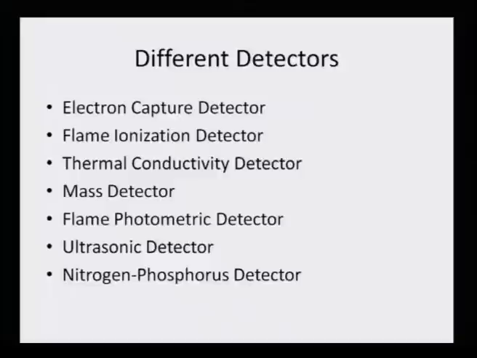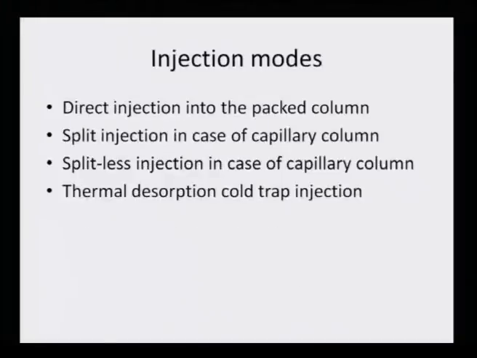This is just a list of a few. There are different injection modes also. There could be a direct injection mode on the packed column or capillary column. There could be a split injection in the case of a capillary column. Why do we need a split injection?